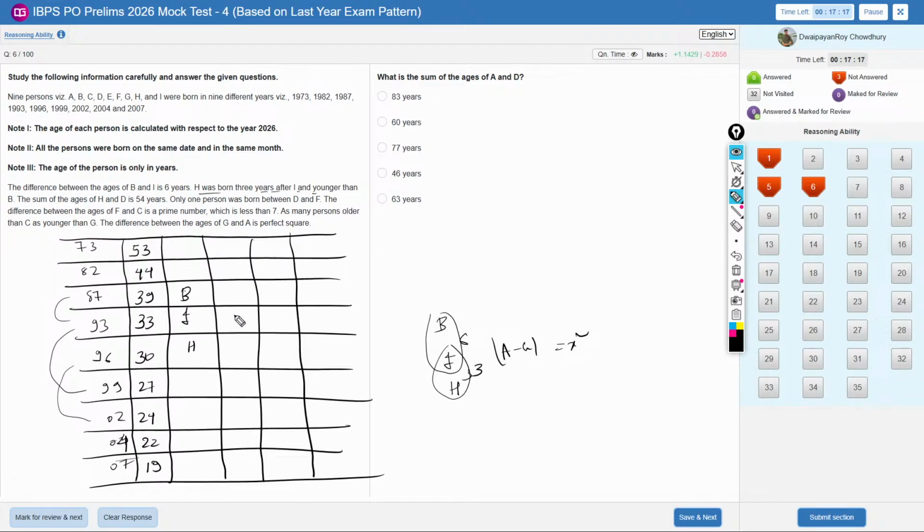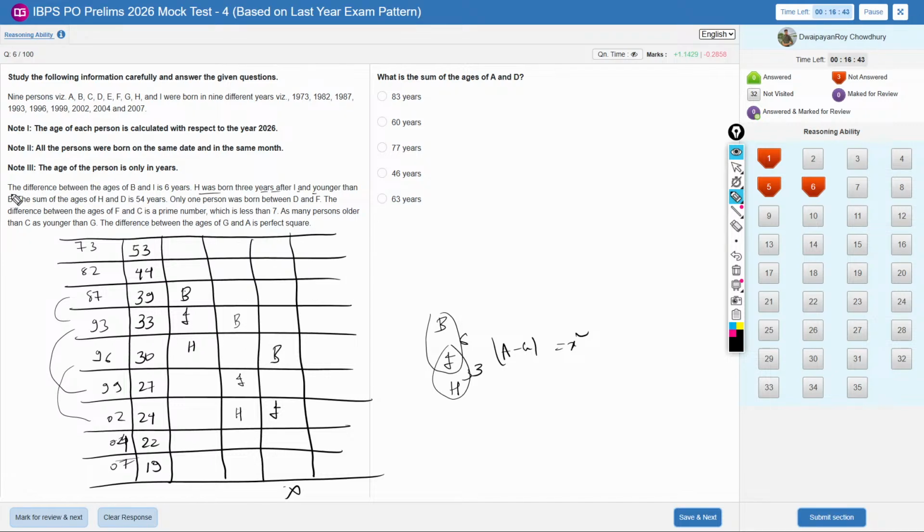Second, I was thinking B, I and H. But in the flipped case I, B, the 3 year gap would have been here. And H is younger than B, so definitely it has to be B, I, H at the bottom. No other possibility here.